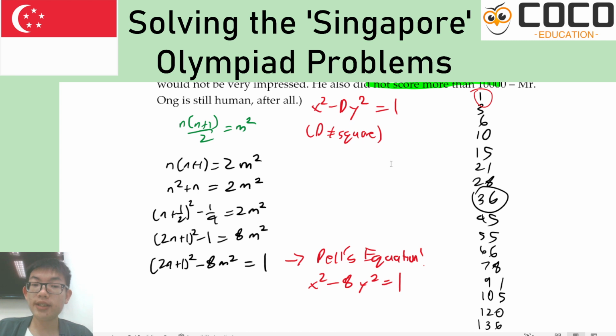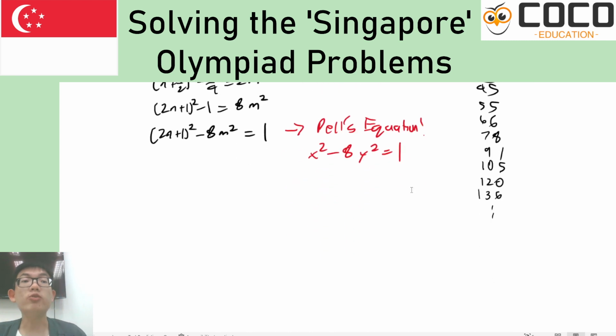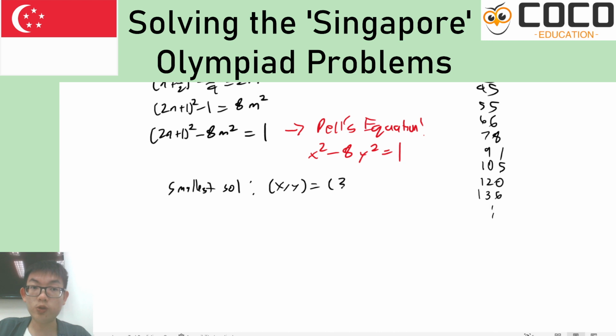So how do we get the solution after that? We need to know how to solve Pell's equation. And the way to solve Pell's equation is as follows. The first thing is to find the smaller solution, which we sometimes call the fundamental solution. That is x, y equals 3, 1, as we have said earlier.